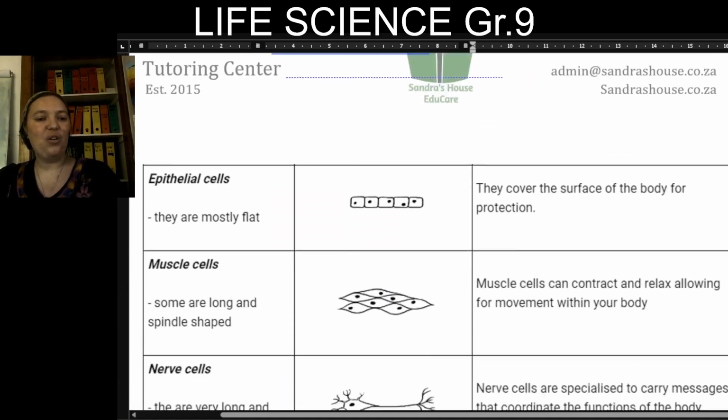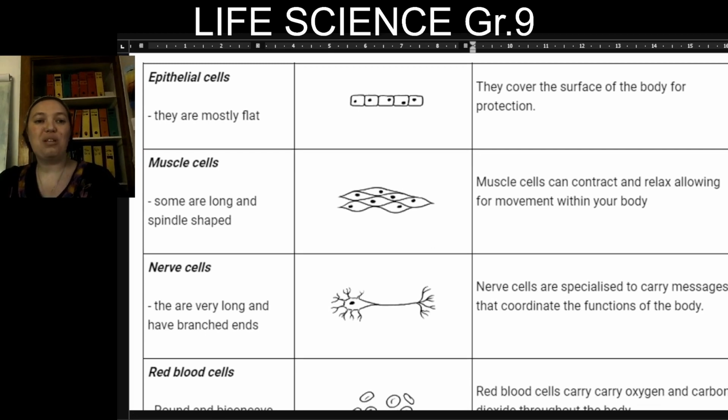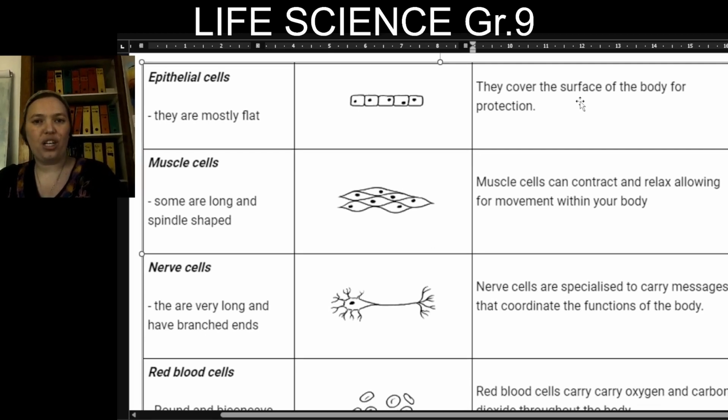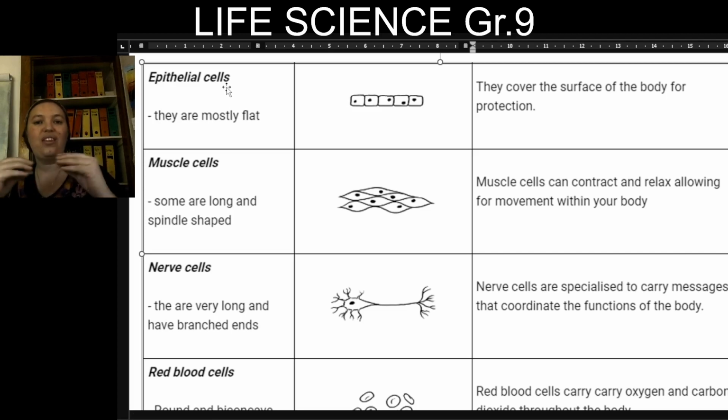Okay, then let's look at different types of cells. Different cells are built differently for specializing in a specific function. The first one that I've got here is epithelial cells. Epithelial cells is always the cover of anything. It's always the outside surface that protects stuff, outside or inside, but basically the surface.